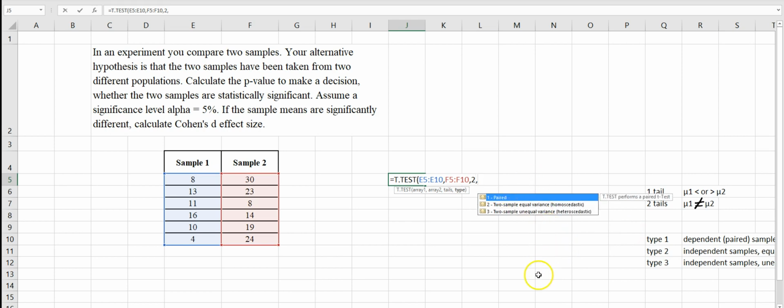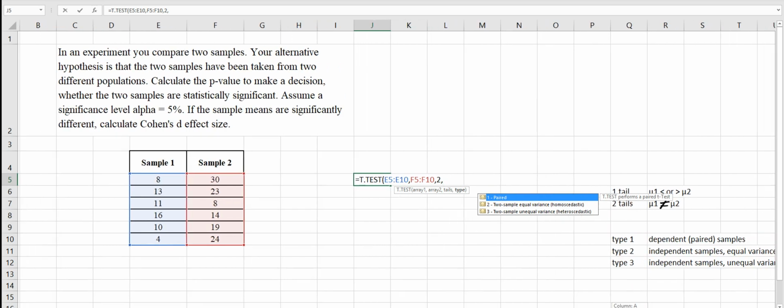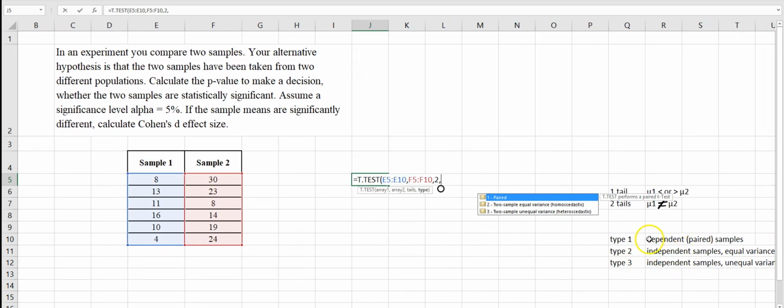And the last one is it asks us about the type of the test that we are going to do. And we have three different options here. We can give it a 1, 2, or 3. The 1 is the type when we have paired samples. So when we have paired samples, when we have a before and after experiment, which we don't have in this case. Type 2 is the classical Student t-test, where we have independent samples, where we assume that the variances of these two samples are exactly the same.